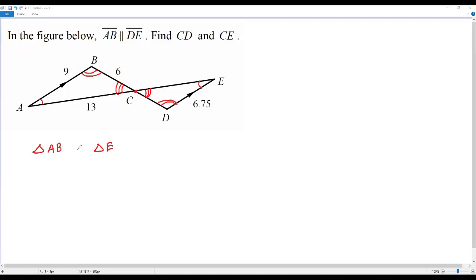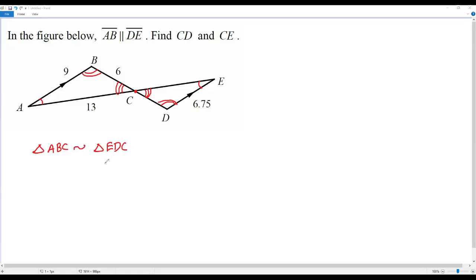The corresponding vertex in the second triangle is D, because the angle measures at B and D are equal. So let me write D over here. The third vertex for the triangle ABC is C, and for the triangle EDC it is C. So these two triangles are similar.